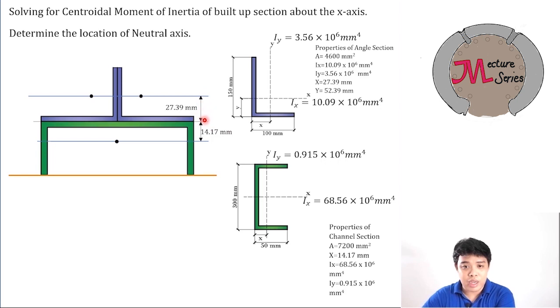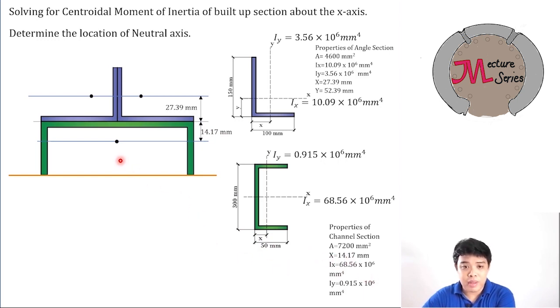Definitely, this vertical distance is now the value of x, which is equivalent to 27.39. And more so, for the channel bar, the vertical distance from the web of the channel will be 14.17, which is technically the x value in the steel section properties.